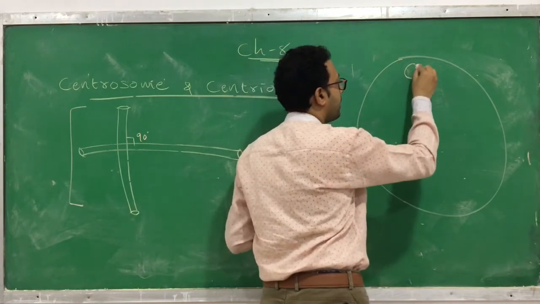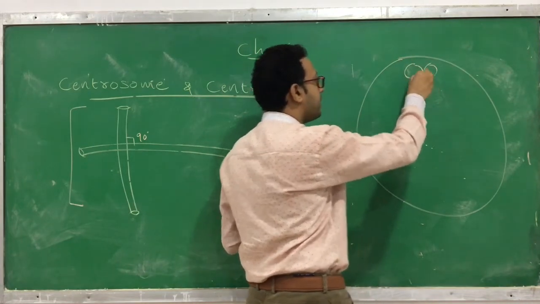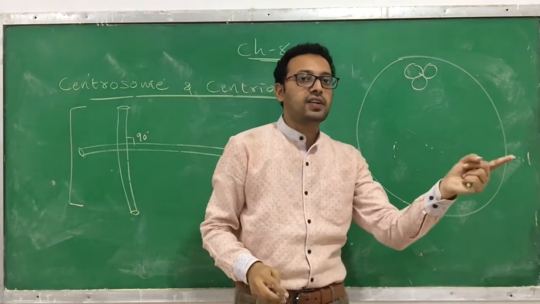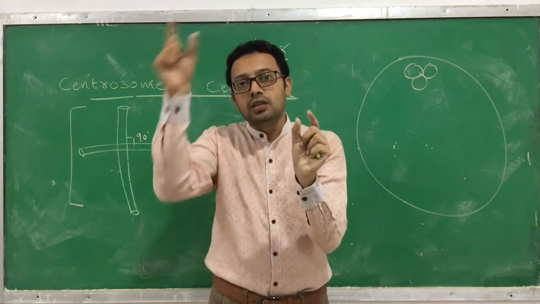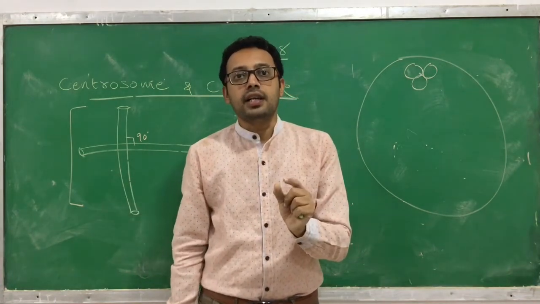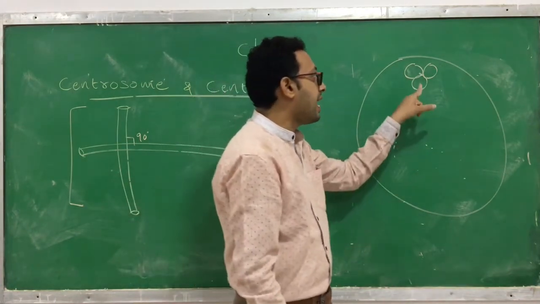Okay. How are they? They are 9 triplets. In cilia and flagella, there are 9 doublets, meaning 2, arranged 9 in number in the periphery. Here there are 9 triplets.